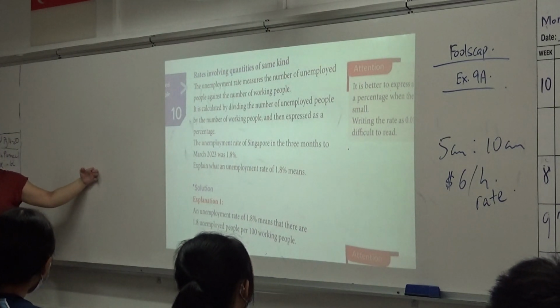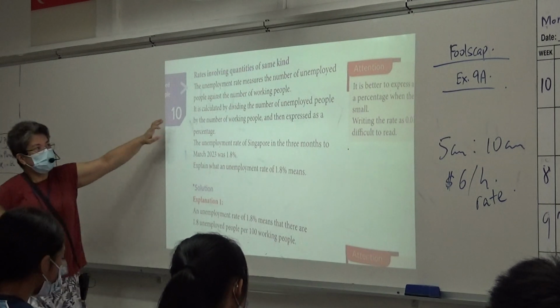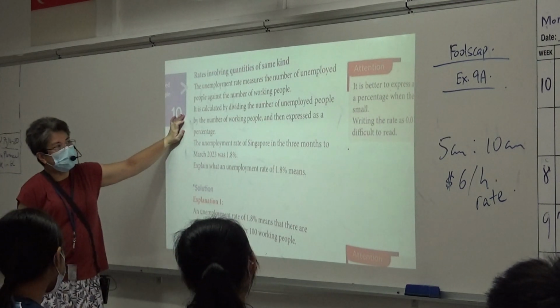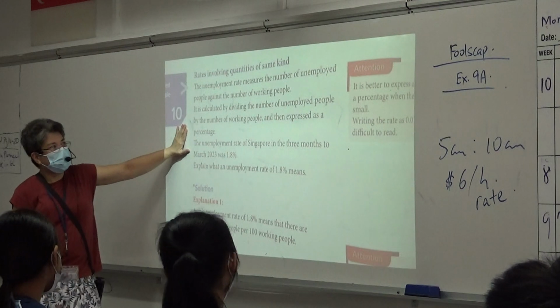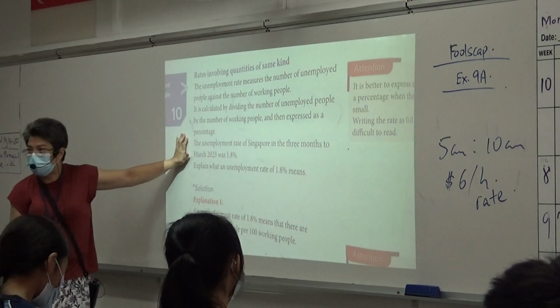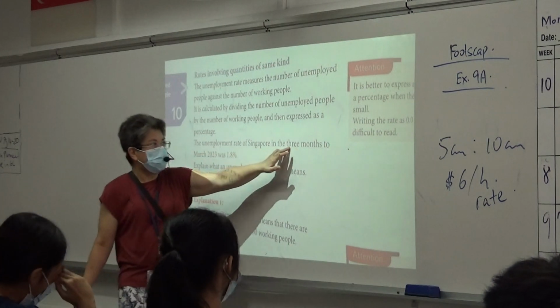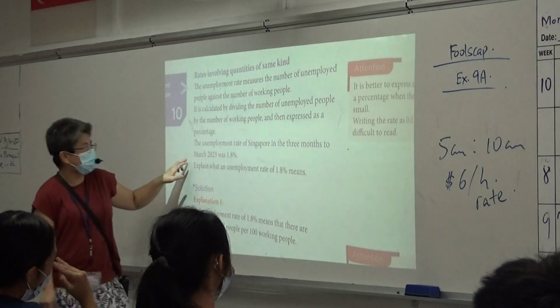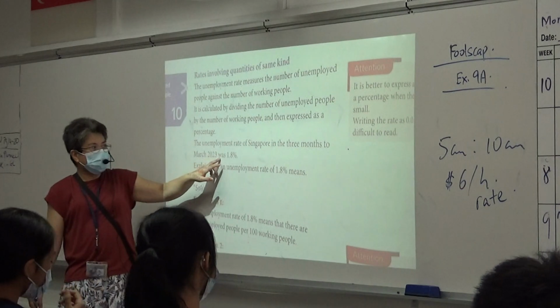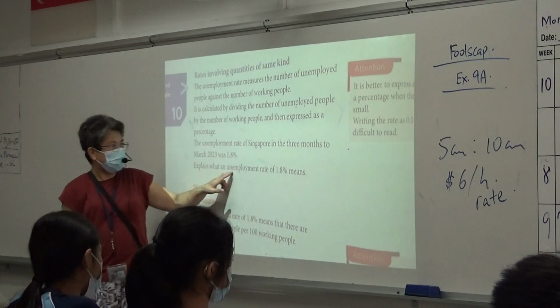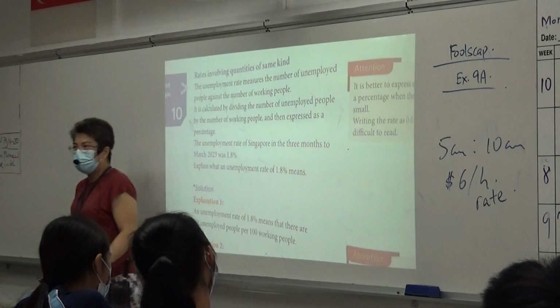All of you look up, I'll explain you a concept here. It is calculated by dividing the number of unemployed people by the number of working people and then expressed as a percentage. The unemployment rate of Singapore in the 3 months to March in 2023 was 1.8%. Explain what an unemployment rate of 1.8% means.